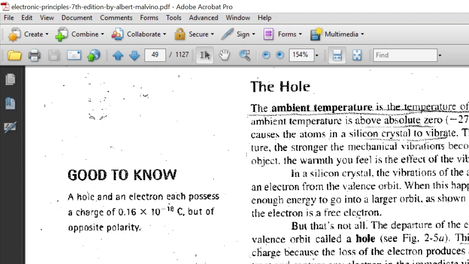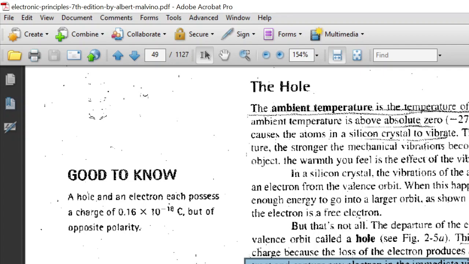What happens is that the hole will attract and capture an electron from the immediate vicinity.